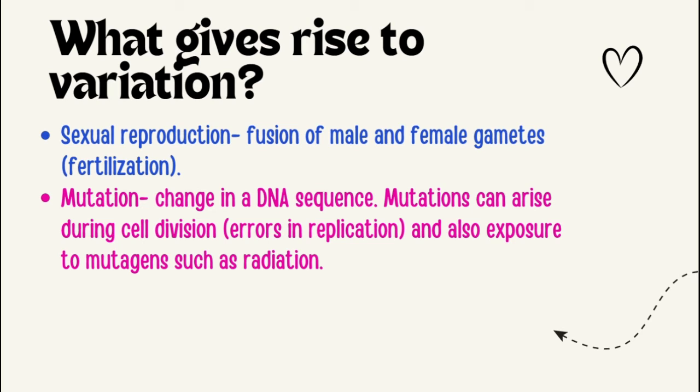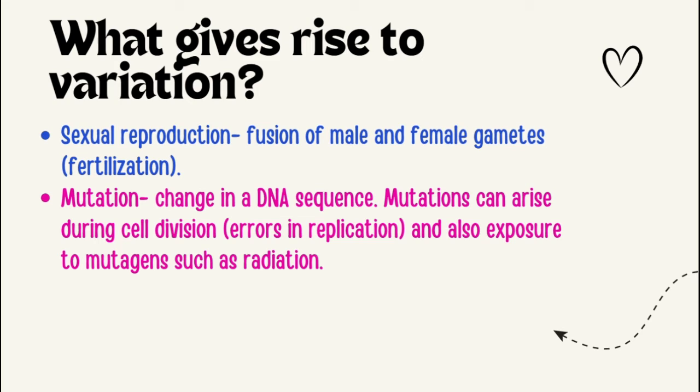And we said before that variation will come from sexual reproduction, the fusion of male and female gametes, so fertilization has to take place, right? And another way that variation can come about is through a mutation, right? So mutation means that there's a change in the DNA sequence. For example, during cell division, we know that during the S phase is where DNA replication takes place.